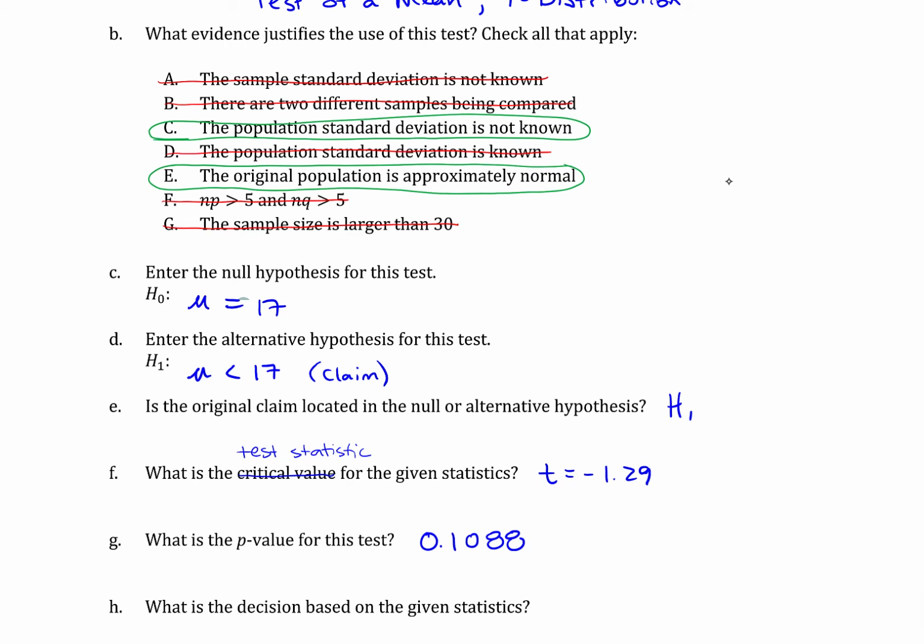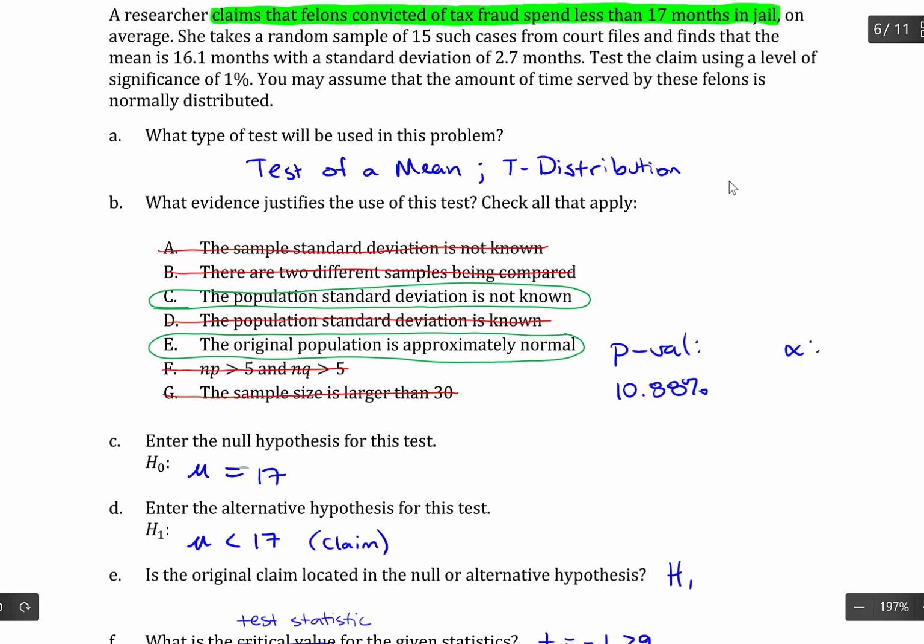Then what is the decision based on the given statistics? To make the decision, we take our p-value that we just found, which is 10.88%, just changing it to a percentage, and compare that to the level of significance. The level of significance was 1%. My p-value is larger than alpha.